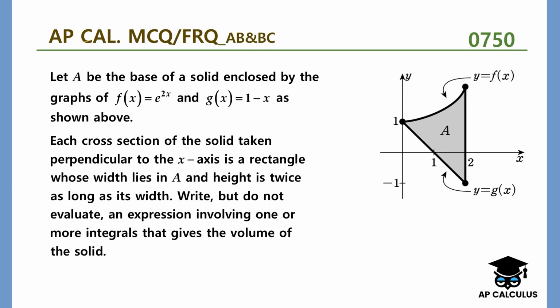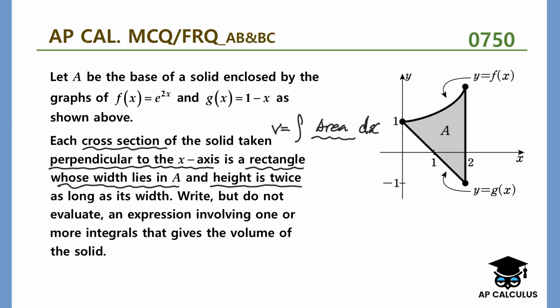For this problem, our cross-section is perpendicular to the x-axis, so we must have volume equal to area times dx, and the height is twice the width, so 2 times width.